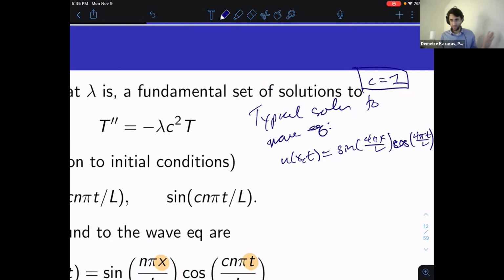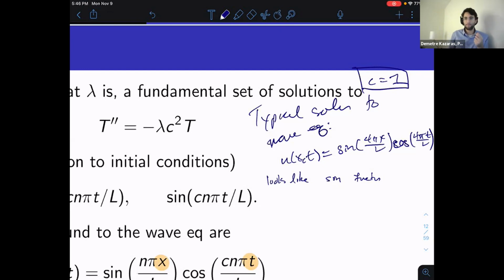So it's typical, just to set your expectations for what's going on. So let's see, what does this look like? So this looks like a sine function in x. So let's try to draw the movie. For each value of t, we'll get a different function which represents the displacement of the string.